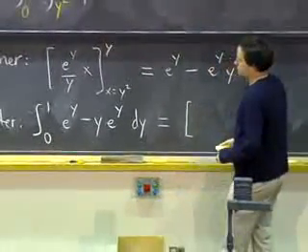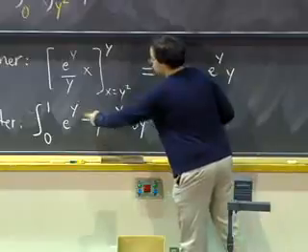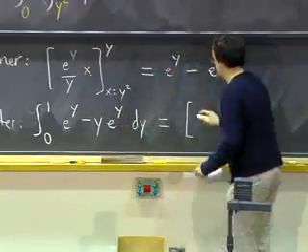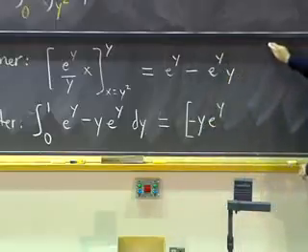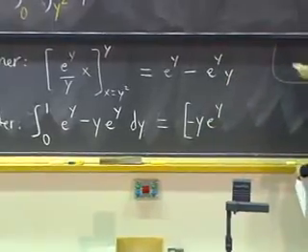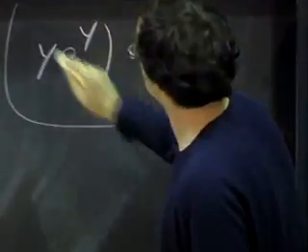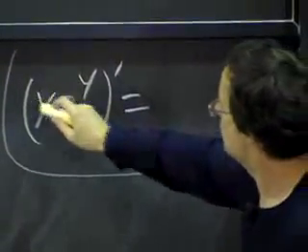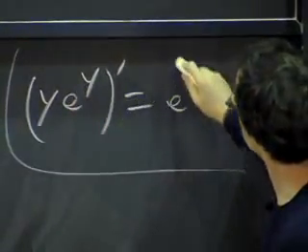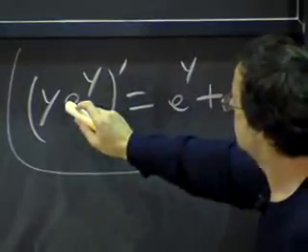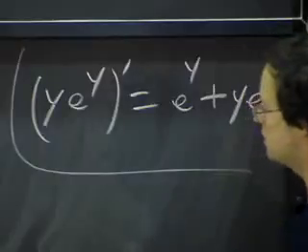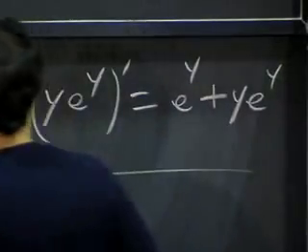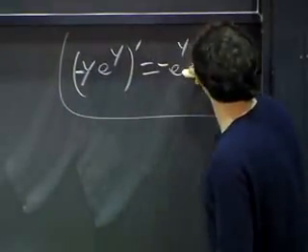We know how to integrate e to the y. We don't quite know how to integrate y e to the y, but let's try. Let's see what the derivative of y e to the y is. By the product rule, that's 1 times e to the y plus y times the derivative of e to the y, which is y e to the y. Let's put a minus sign in front.